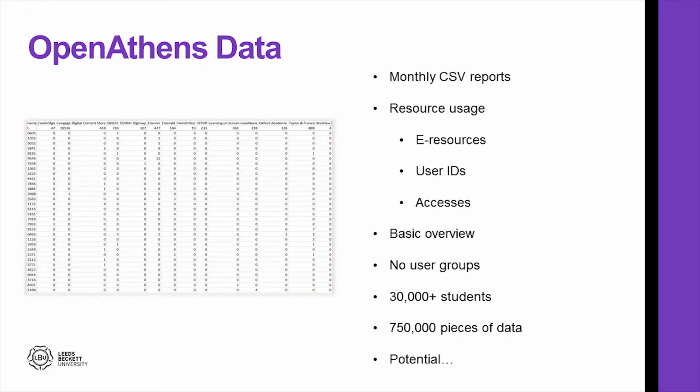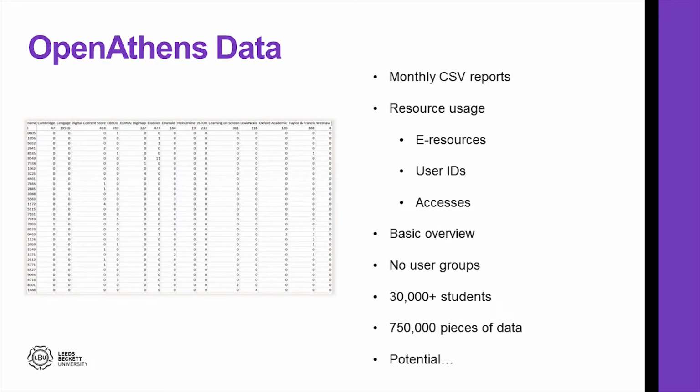I don't know how clear it is, but just to give you an idea, across the top of that table are the e-resources, so the titles of the different packages. Down the left-hand side are user IDs, and in the middle are the number of accesses for each of those resources across the top for each of those users down the left-hand side.